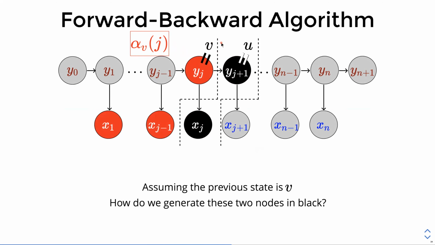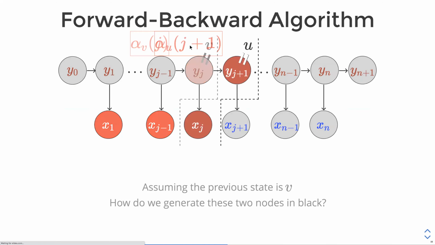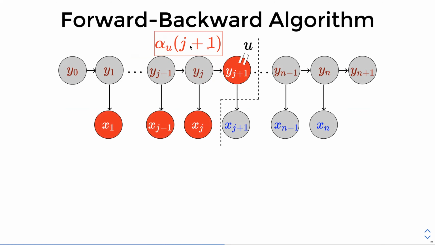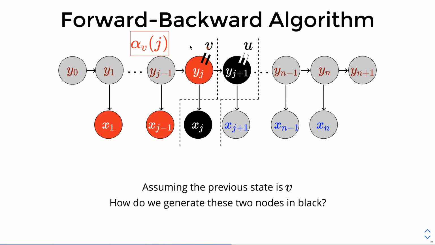I want to draw the recurrence relation between different alpha terms. So I can cut my network again at this position, and I set this guy to v. Naturally, this part of the network will give me alpha vj, based on what we discussed. Now the question is, what's the connection between the two different alphas? Previously we have alpha uj plus 1, now we have alpha vj.